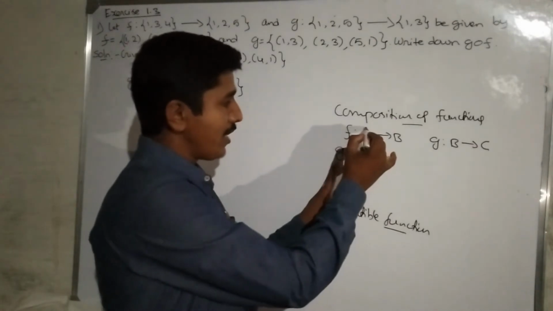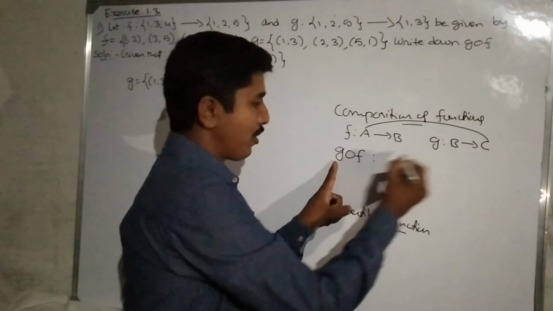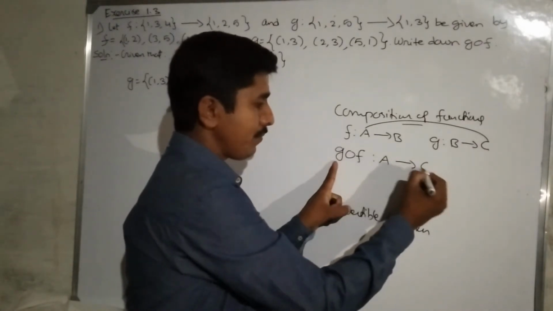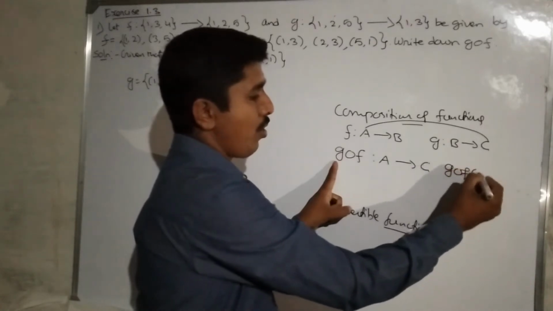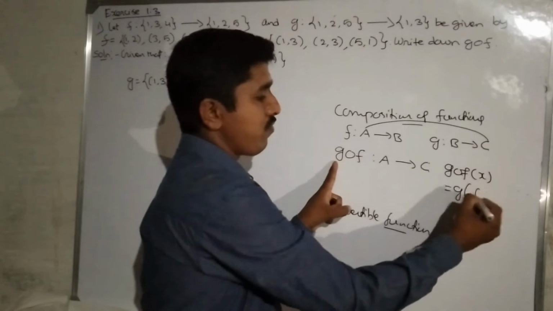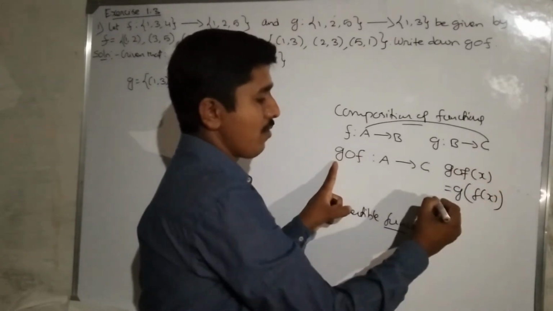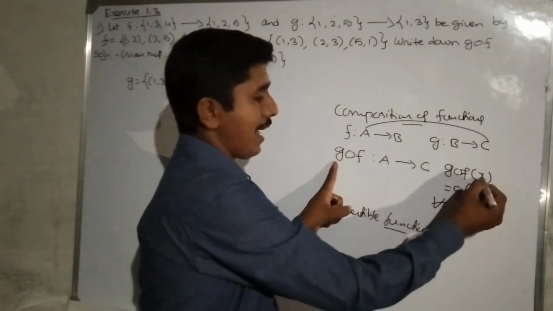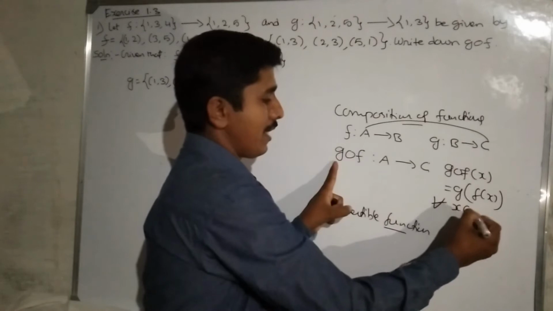Domain of f is set A and codomain of g is set C. Here A to C, defined by gof of x equal to g of f of x for all x belongs to the domain of this function, set A.